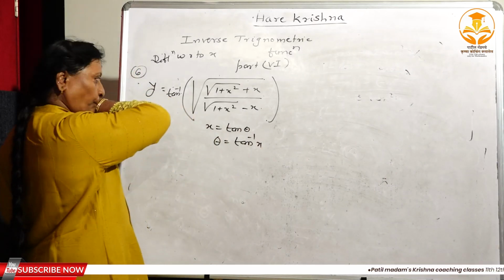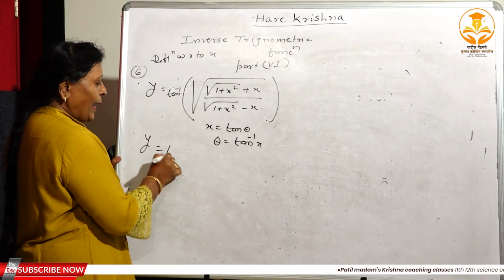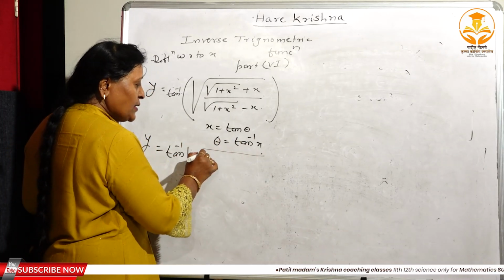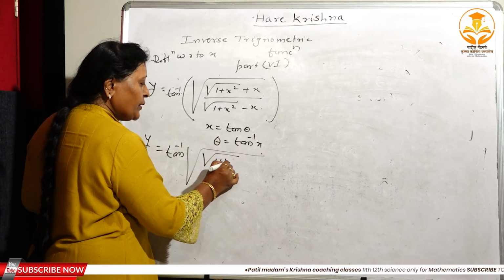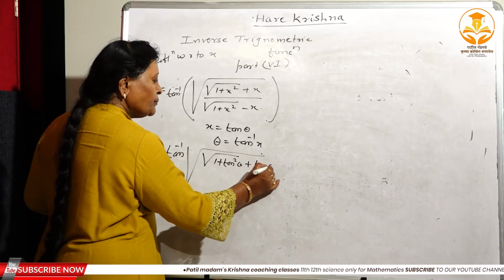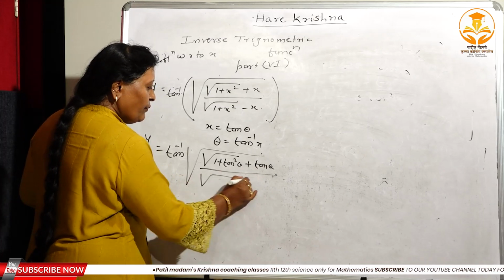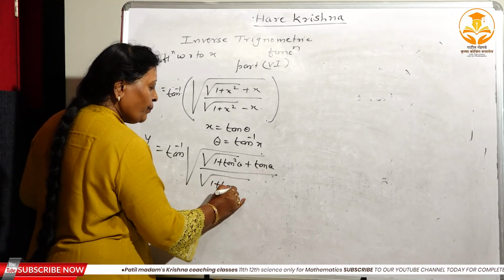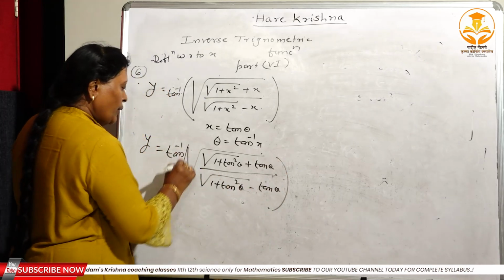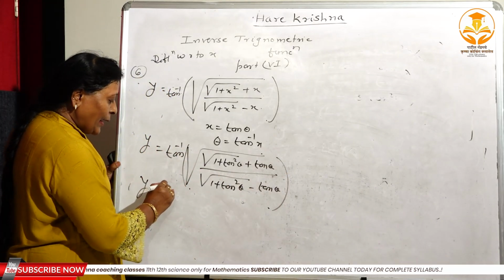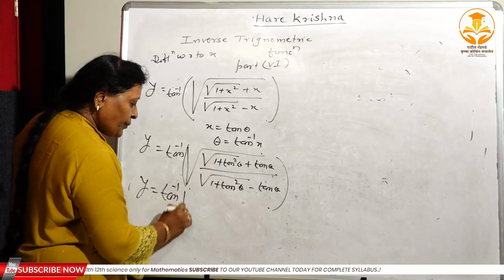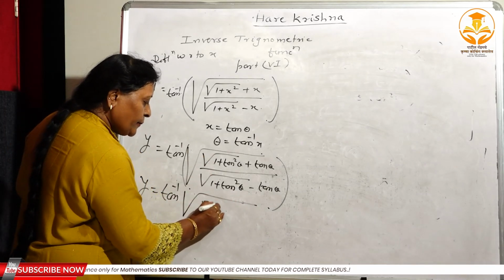y is equal to tan inverse, this is a big root, and this is root of 1 plus tan square theta plus tan theta, here in the same root 1 plus tan square theta and minus tan theta. Right? You know 1 plus tan square theta is equal to sec square theta, and the square root of sec square theta is equal to sec theta.